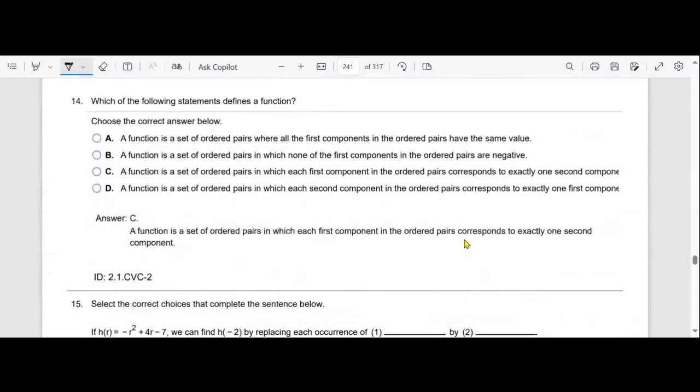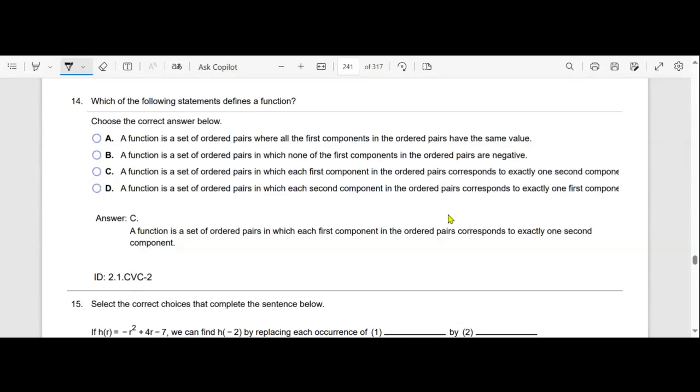Number 14. Need someone to read 14. Which of the following statements defines a function?